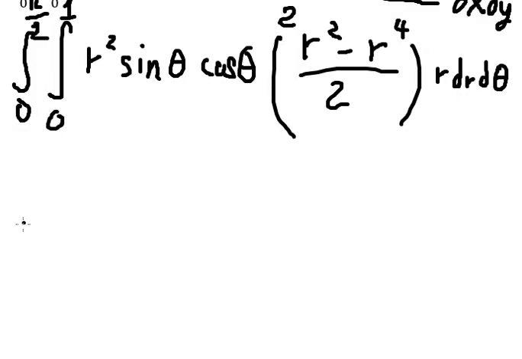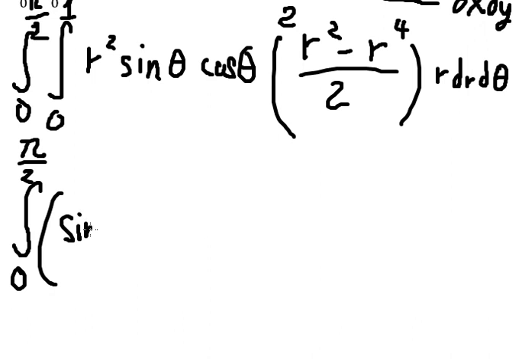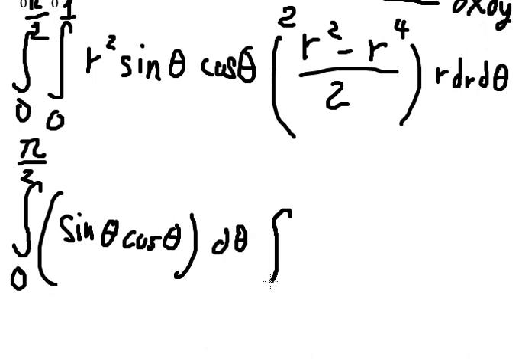So in this one, we can put it like this. r squared multiplied by r, so we have r to the power of 3.